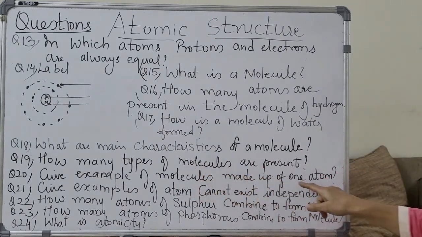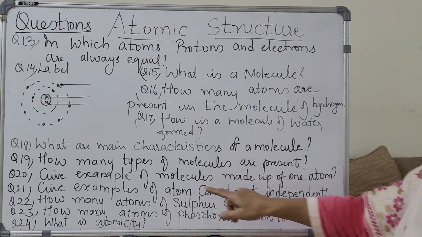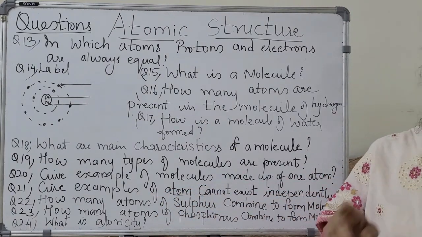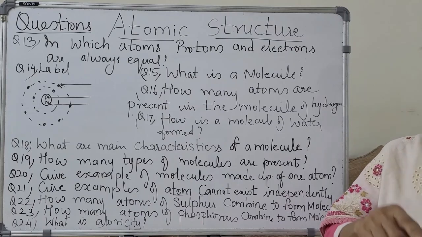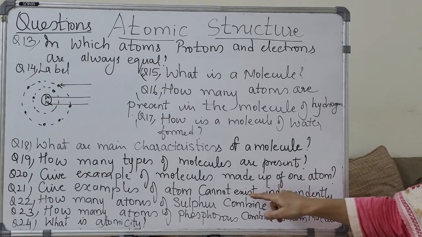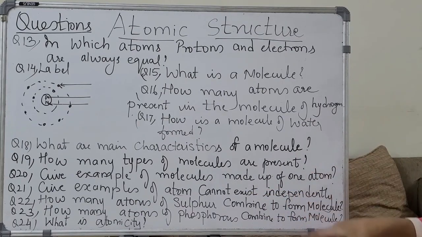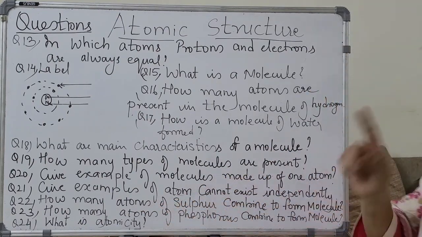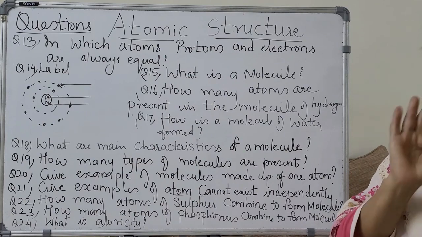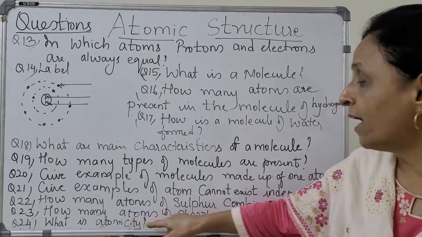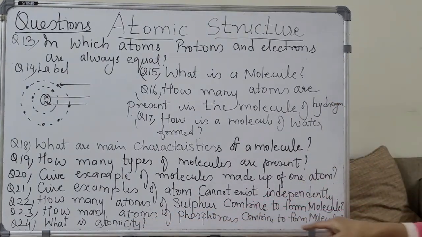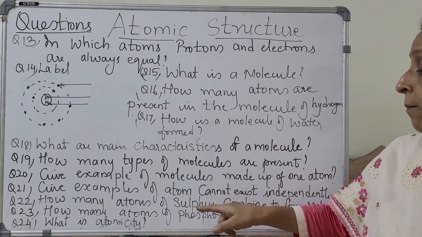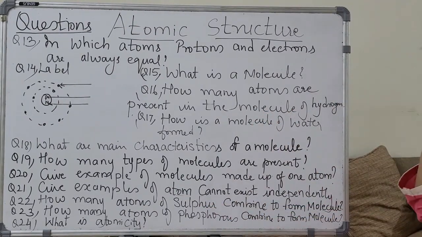The examples, helium, neon. Now give examples of atoms that cannot exist independently, that is oxygen, hydrogen, nitrogen. How many atoms are present in sulfur to form a molecule? 8. How many atoms of phosphorus combine to form a molecule? That is 4. 4 phosphorus combine to form a phosphorus molecule.